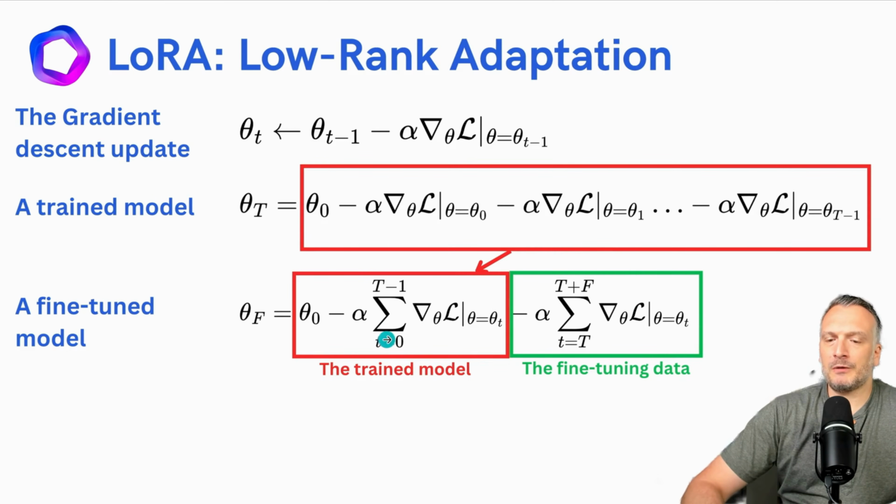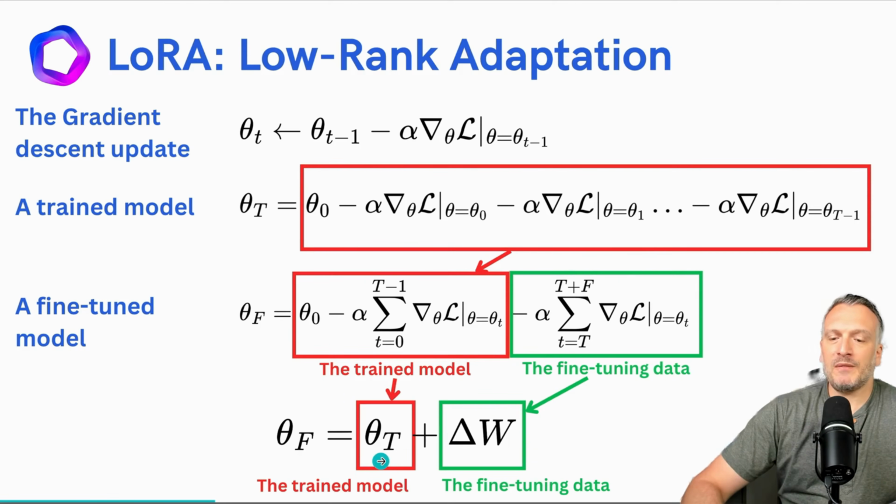So here we go from t equals 0 to T minus 1. Capital T represents the last iteration of the pre-training, and capital F represents the number of iterations that we did when we fine-tuned the model. So we have this decomposition, where the model parameters can be decomposed into the values that relate to training the model and the values that relate to fine-tuning the model.